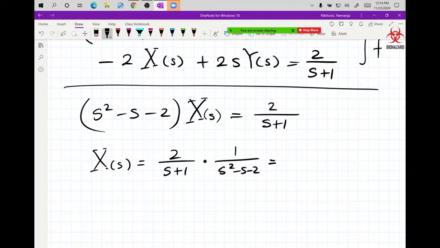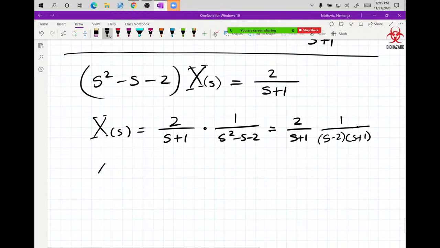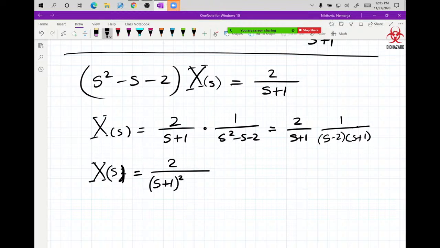Well, that factors: s plus 1 and s minus 2, with 1 on top. And we get that our x of s is equal to 2 over s plus 1 squared times s minus 2. There it is.